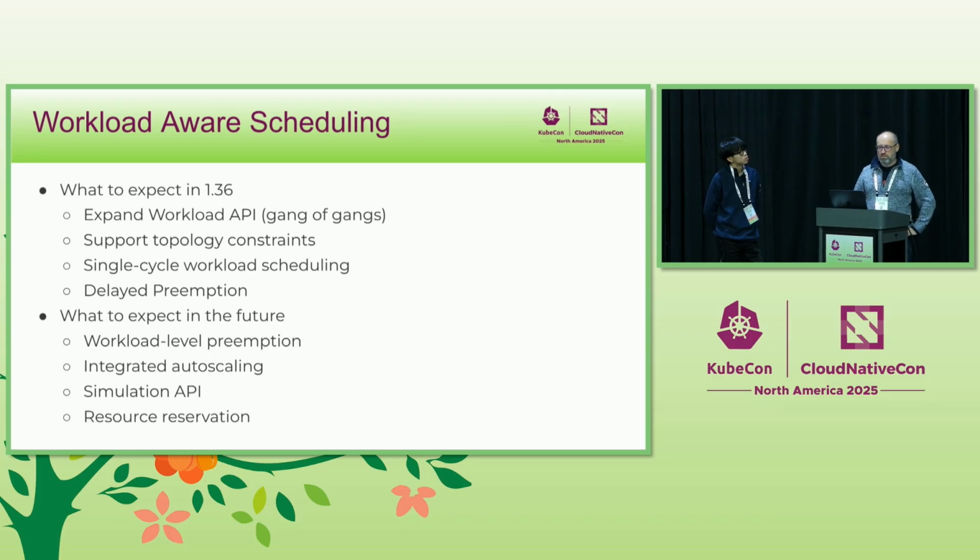We also want to support topology constraints. For that reason, we will introduce a new phase to kube-scheduler that should be capable of scheduling the whole workload in a single cycle, so in a consistent cluster snapshot.